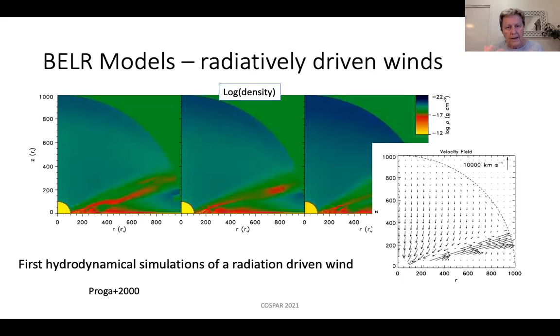In other words, we've got these streams of dense emission flowing out from the inner parts of the AGN, and you can see that in this density plot on the right.